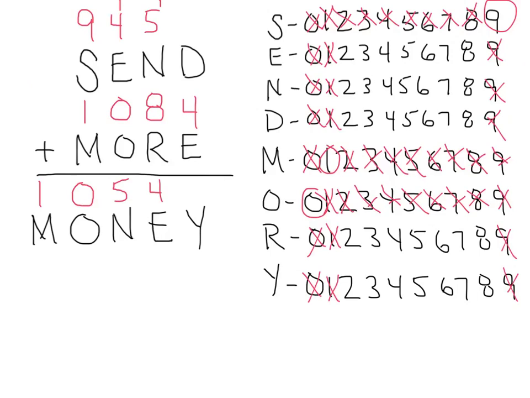Okay, let me fill in some of this other information here. I know that E is 4. Cross out, cross out. What else do I know? R is 8.